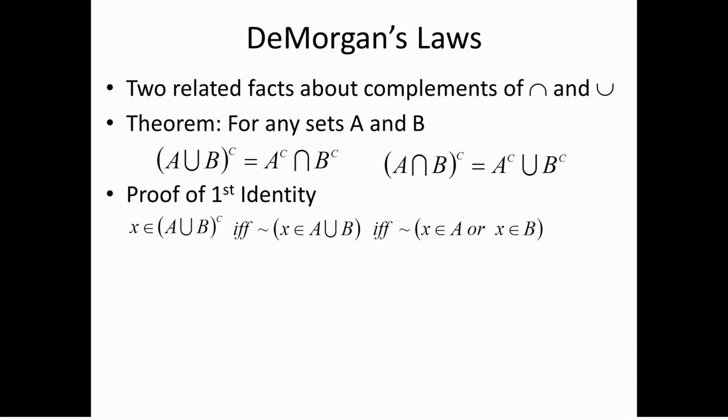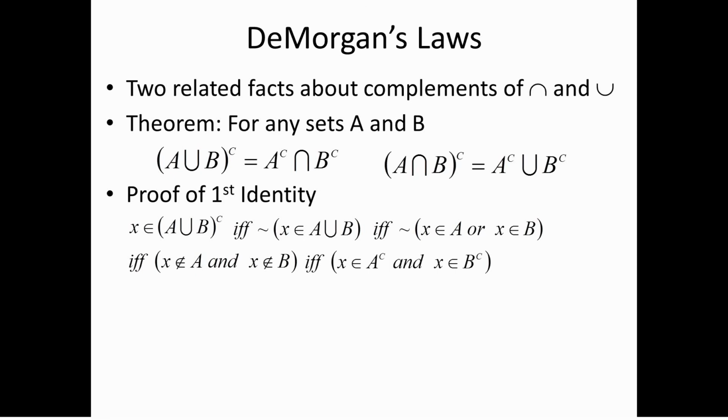And when I bring a negation across an OR statement, what happens? Well, it turns the OR to an AND, and it negates both of the statements, right? So now this is true if and only if X is not an element of A and X is not an element of B. Well, if X is not an element of A, where is it? It's in A complement, right?